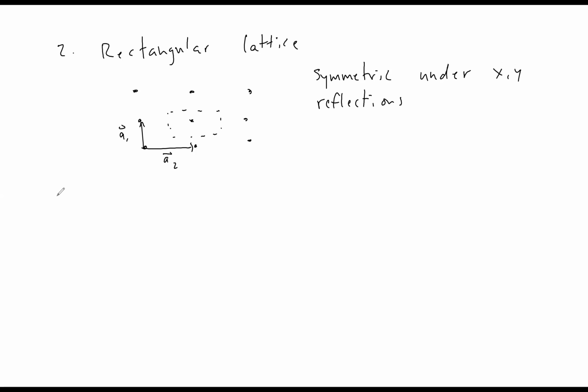The next type of 2D Bravais lattice is the hexagonal lattice. So it looks like this.